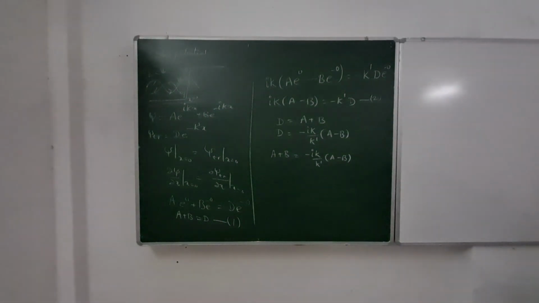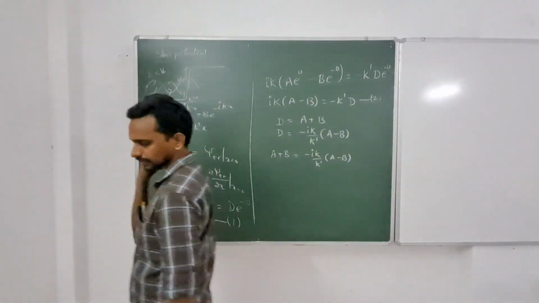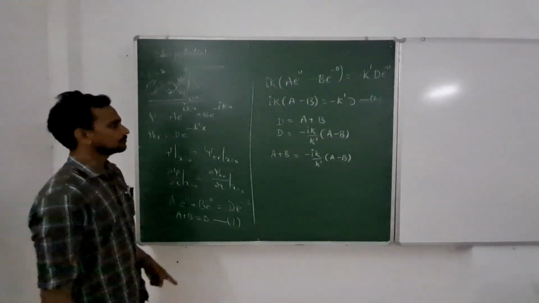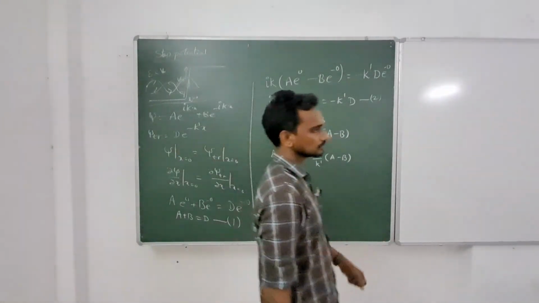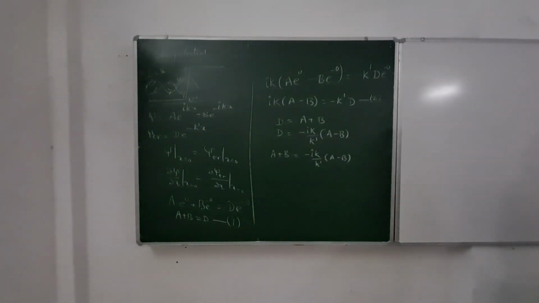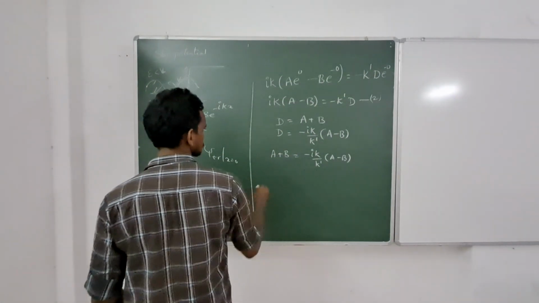Somehow we need to get the ratio A by B or B by A. So we have to write B as some function of A. Then you have to get all the values of B to one side.